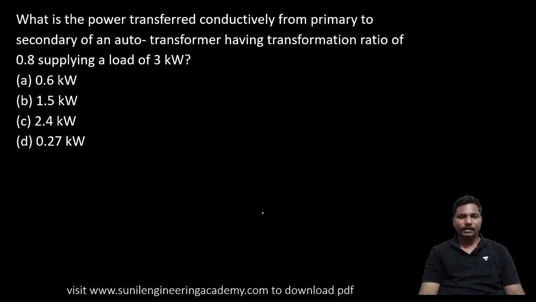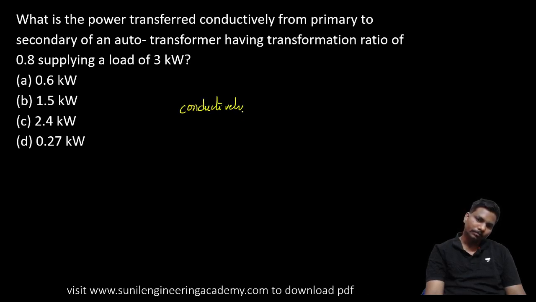What is the power transferred conductively from primary to secondary of an auto transformer having transformation ratio 0.8, supplying a load of 3 kilowatt? Here they are asking conductively. That is K into input power or total power.